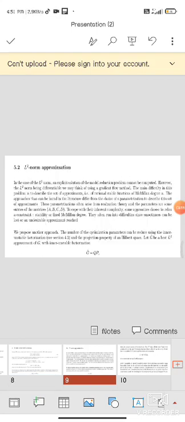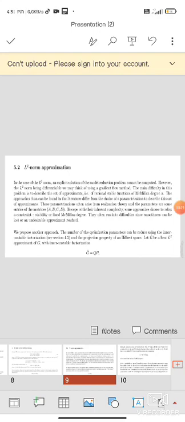L2 norm approximation. In the case of the L2 norm, an explicit solution of the model reduction problem cannot be computed. However, the L2 norm being differentiable, we may think of using a gradient flow method. The main difficulty in this problem is to describe the set of approximations, that is, rational stable functions of degree n.